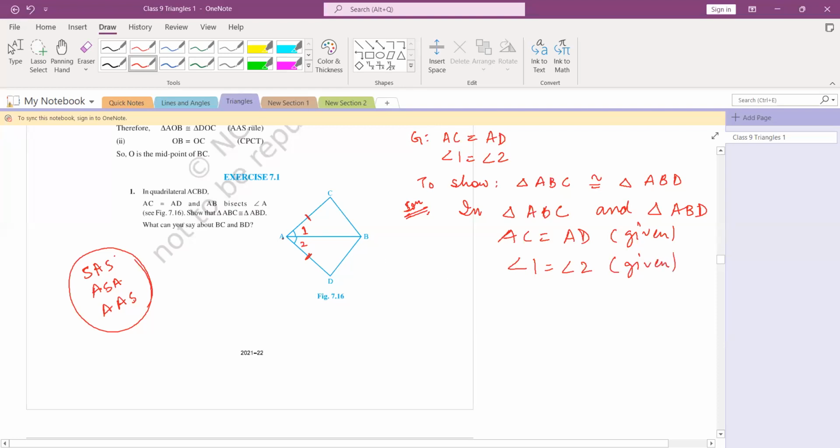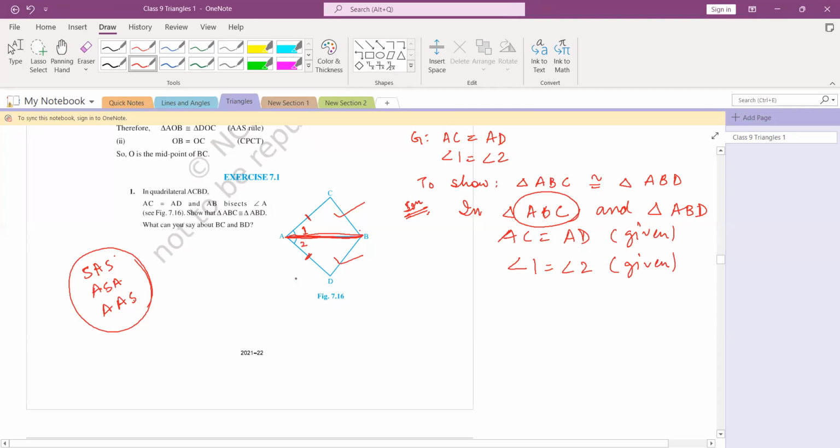Now we can see this side AB is a part of both the triangles. It is a part of this triangle also. Look at the triangle ABC. AB is one side of this triangle, right?